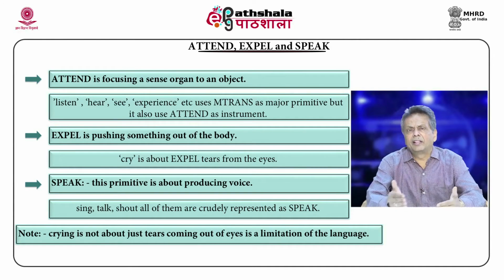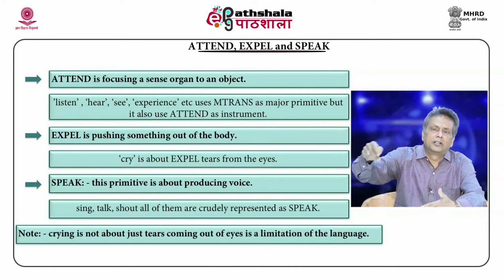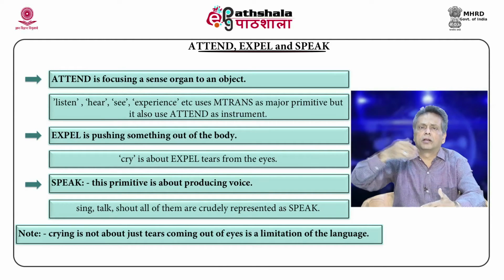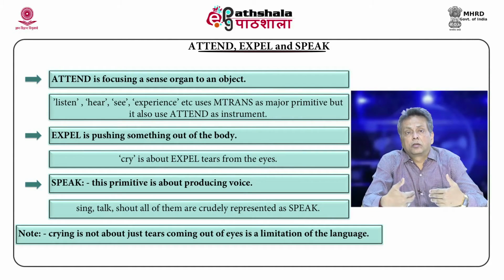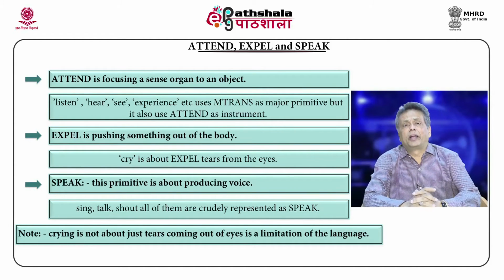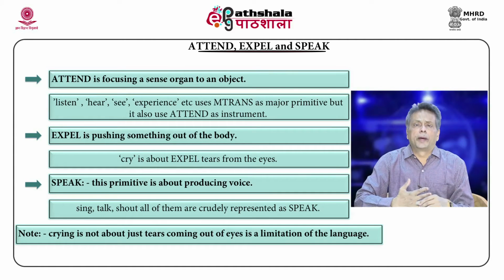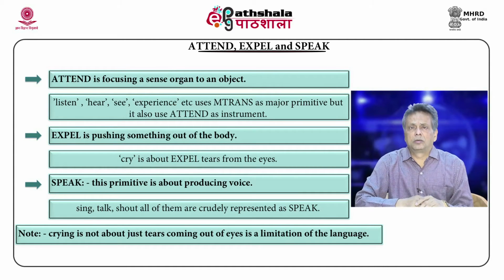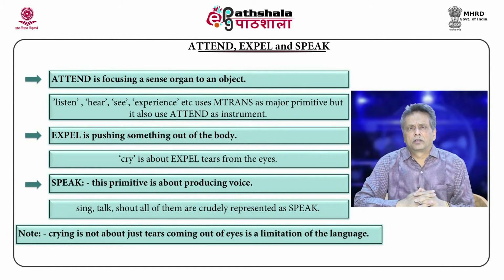So, attend is directing your sensing organ to something which is coming from outside. The other one is called expel, forcefully throwing out something. For example, when I am crying, the tears expel out of my eyes. And one more called speak, generate a sound. These are all examples of primitives.